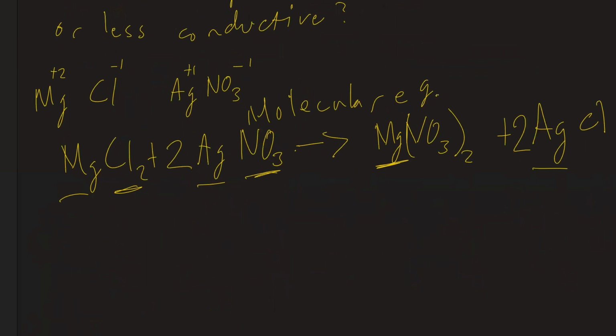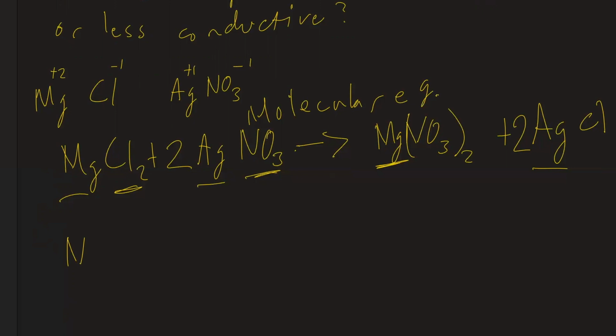So you're basically just looking at each compound and seeing if they are soluble. So MgCl2, let's see. It is a chloride. Chlorides are always soluble, except with Cu and all these other things. Mg is not on the list, so this is soluble.